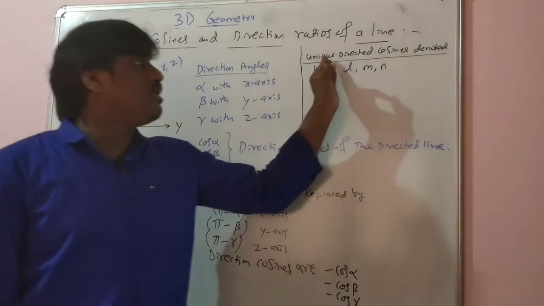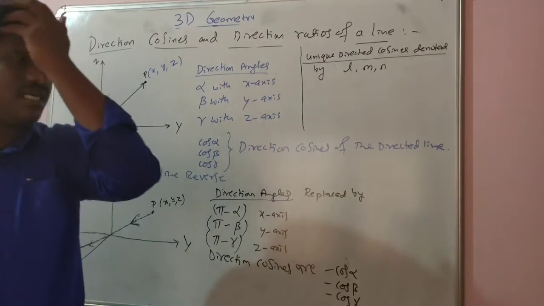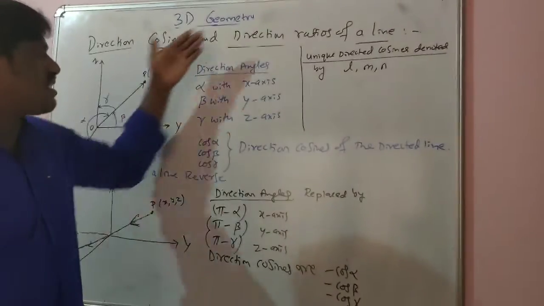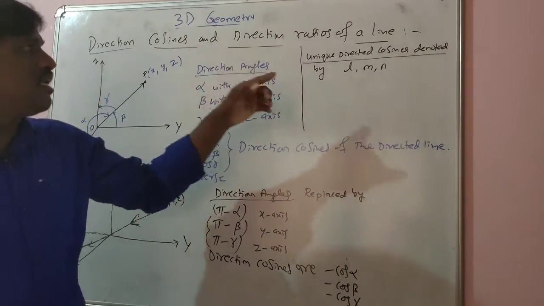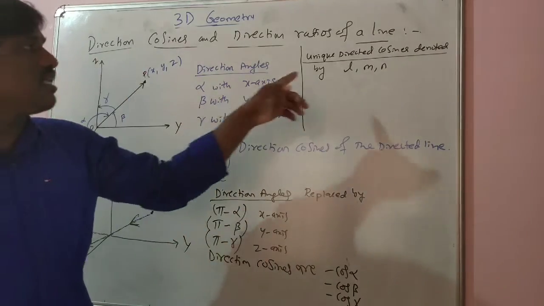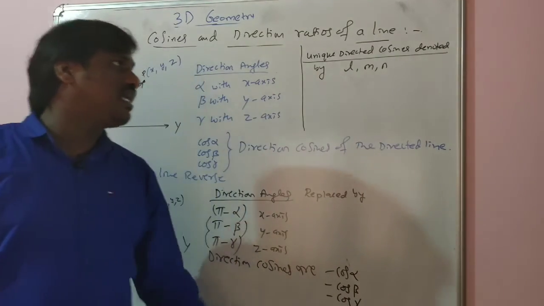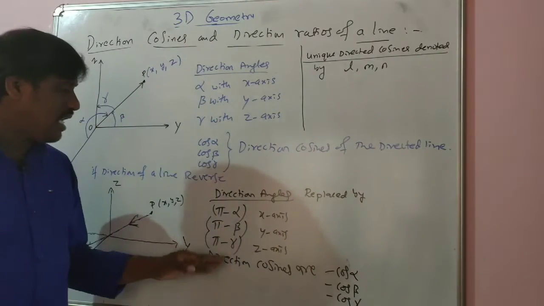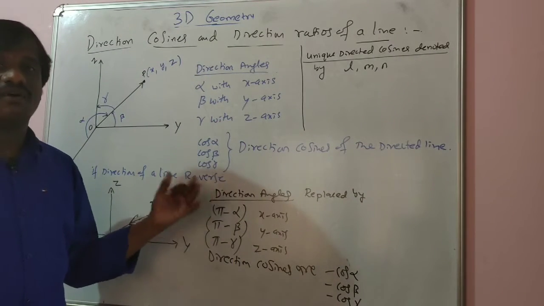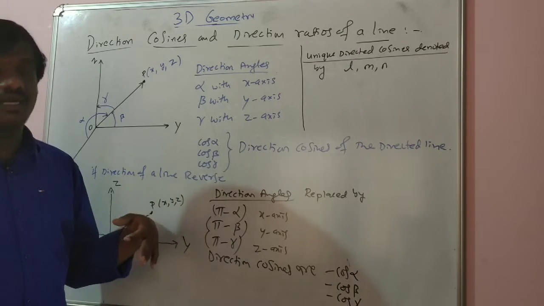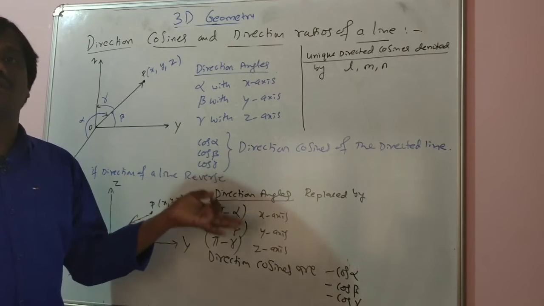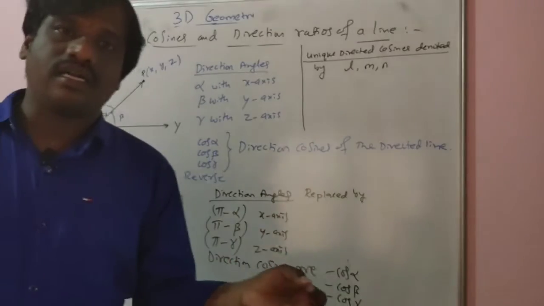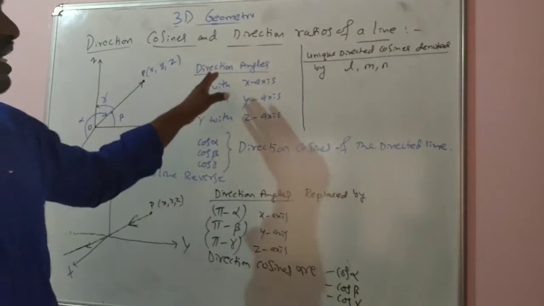Now there will be unique direction cosines. Unique direction cosines means that if the directed line is fixed, then its direction cosines are unique, and they are denoted by l, m, n. It means that l, m, n are cos alpha, cos beta, cos gamma for the directed line.